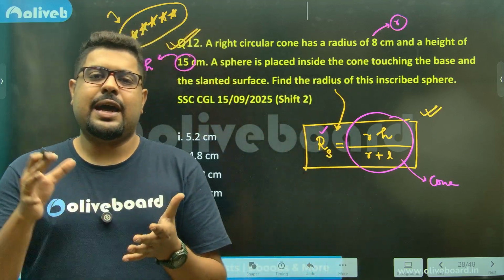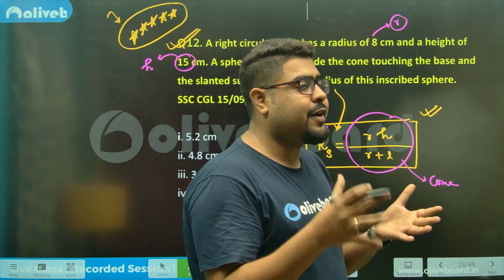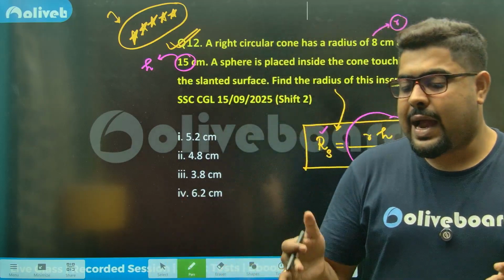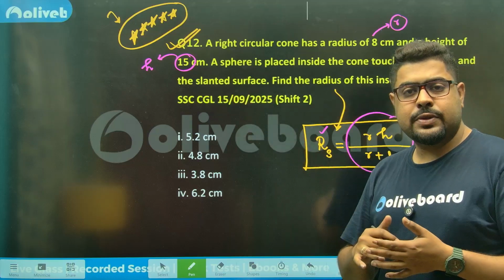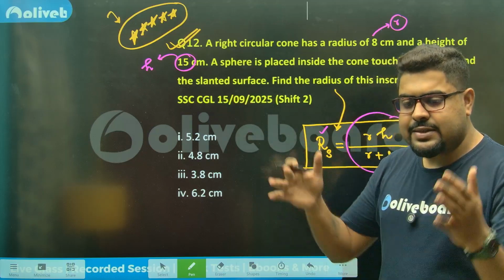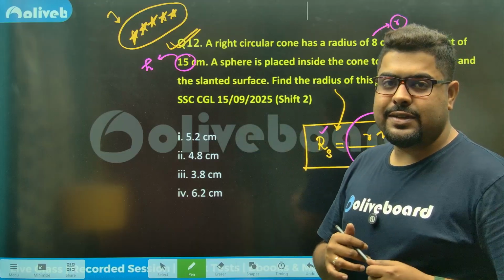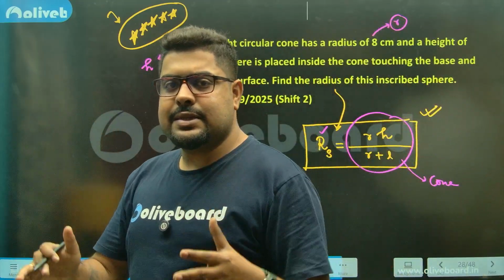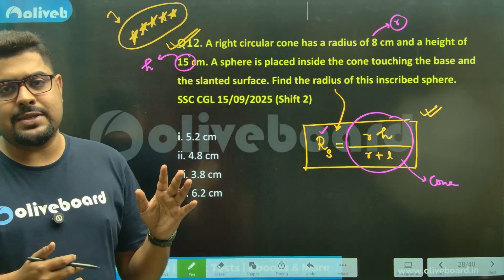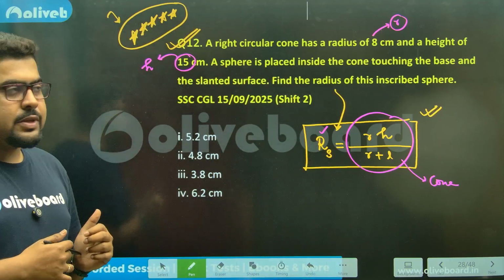When you put the sphere of highest volume inside a cone, this is exactly what it will do. It will be touching the base and the slanted surfaces in two opposite places.